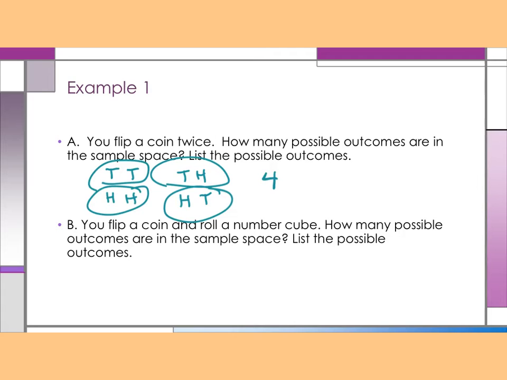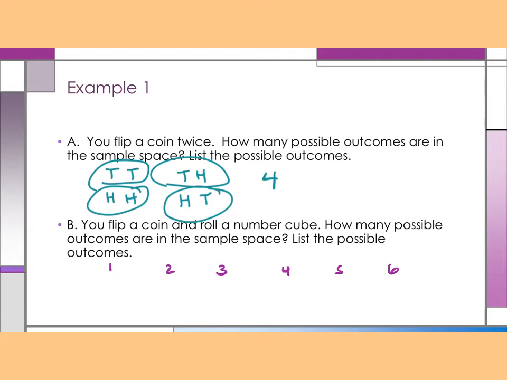B says you flip a coin and roll a number cube. How many possible outcomes are in the sample space? List the possible outcomes. So you have 6 sides on your number cube, which means you can roll 1, 2, 3, 4, 5, and 6. That would be the number part of it. But then it says you're also going to flip a coin.